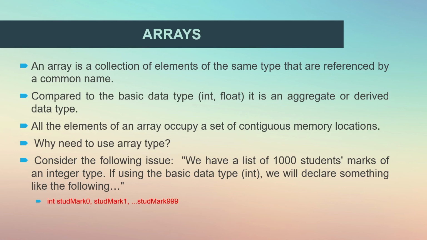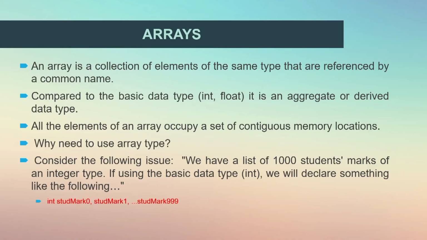Compared to the basic data types like int and float, it is an aggregate or derived data type. Why do we call it a derived data type? Just because it is not going to be a single value, it is going to be a collection of values stored with the help of a basic data type. So, that is the reason that we call arrays a derived data type, which adds properties to the basic data type.